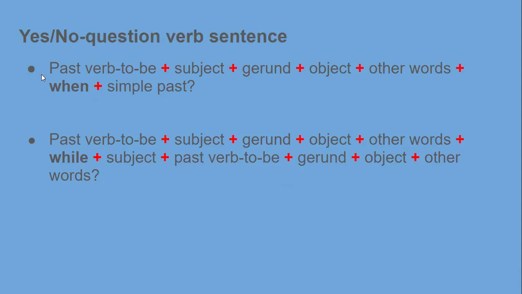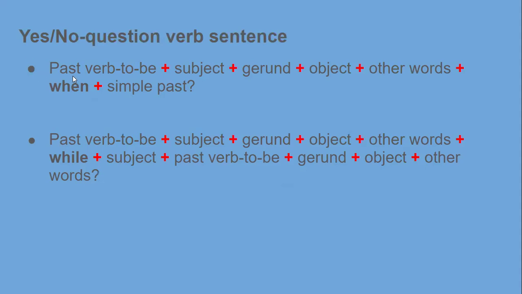The yes-no question verb sentence in the past continuous tense. First, let us look at the structure. How is the structure of the yes-no questions past continuous tense sentences? The structure is as follows.